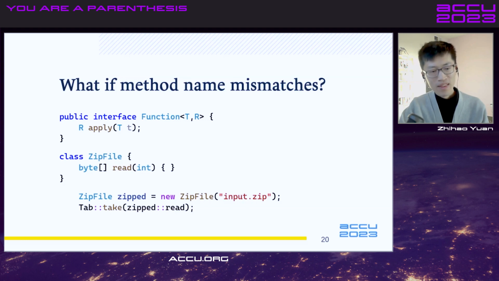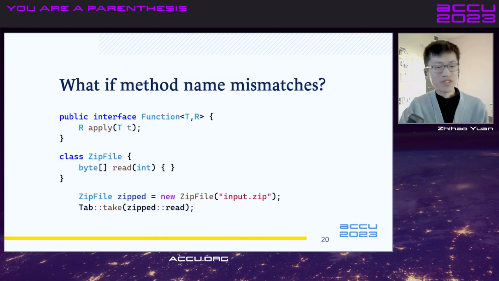But in addition to the zip object itself, at this place, I tell the compiler, hey, I'm using an object to fulfill your functional interface. But instead of calling apply on the object, I want you to call read, right? This is a different way to understand this.